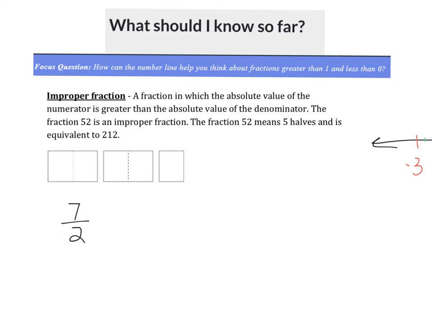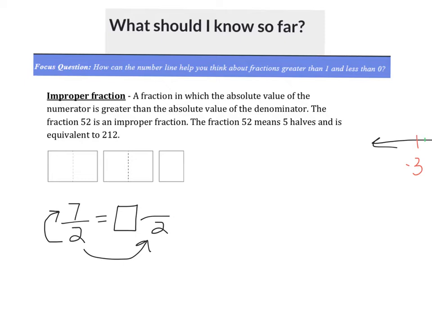And you should have practiced on Khan Academy how to turn an improper fraction into a mixed number. So one of the ways I teach this is I say, okay, how many times does 2 go into 7? It's going to go in there a whole number of times, and the denominator will always stay what it already is. So what I like to say is 2 times some number to get us as close to 7 as possible.